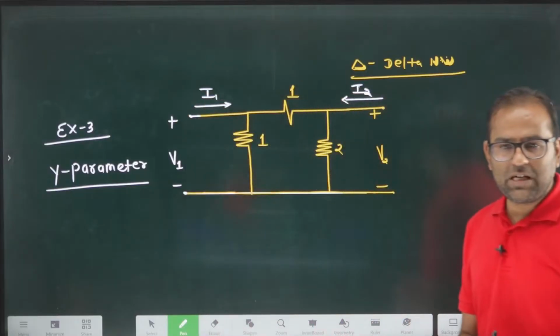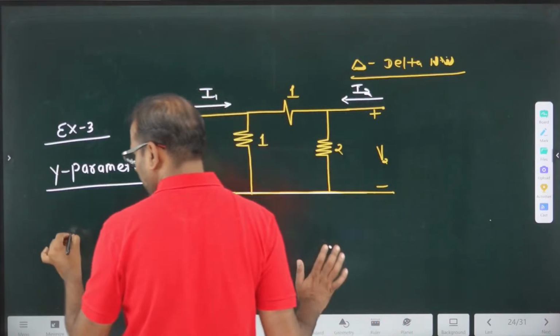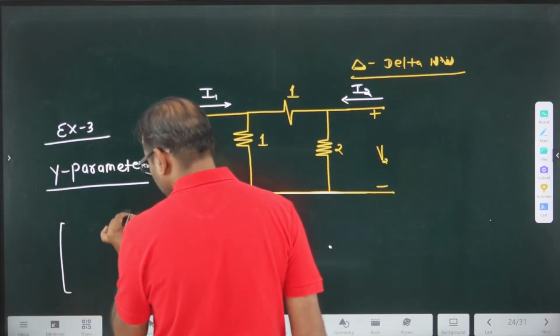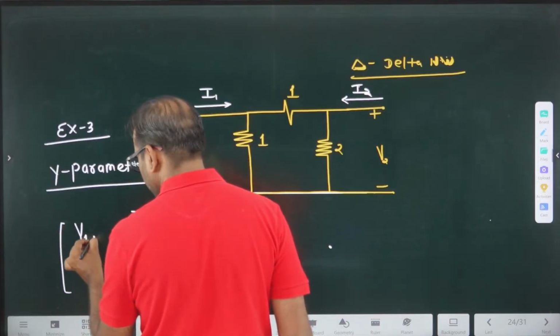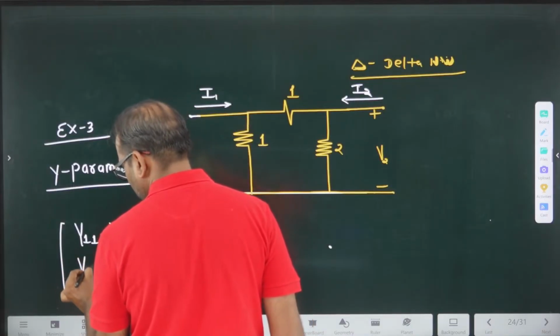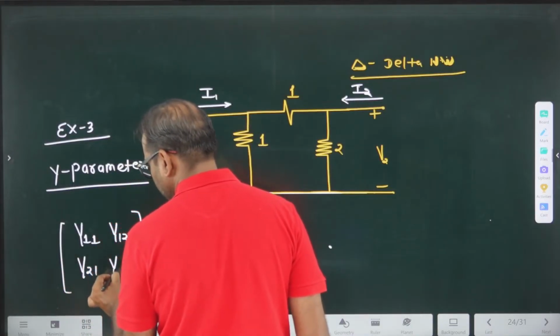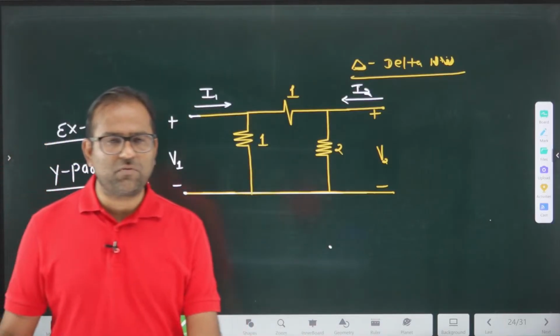Which parameters are we interested in? Find out the y parameter of this network. You can calculate Y or Z, anything, but we are interested in y11, y12, y21 and y22. We are interested in the y parameter for this network.